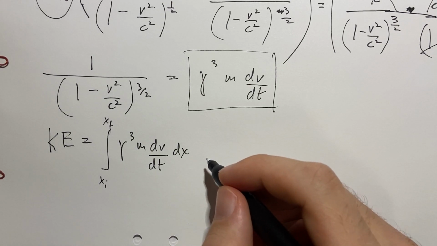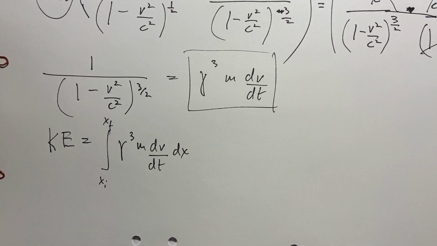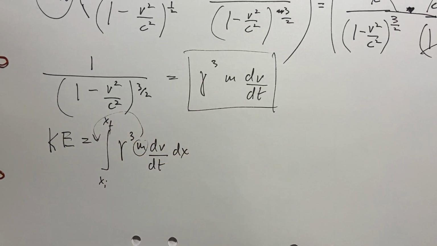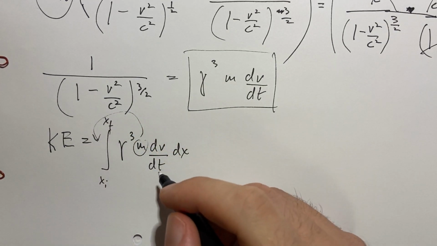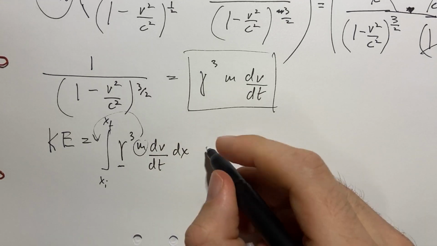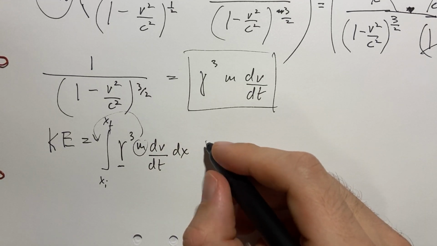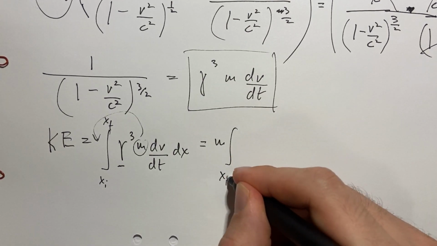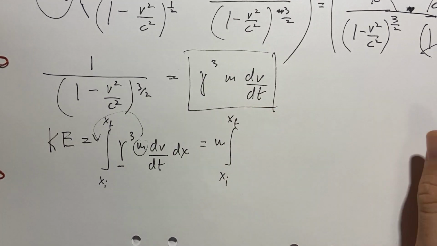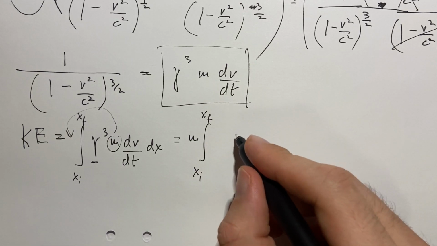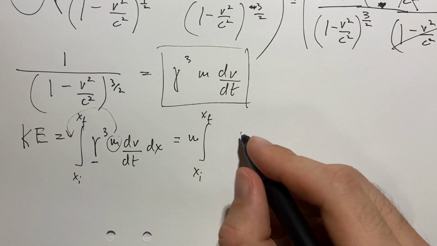And what we can do now is take the m out of the integral because it will be a constant. And then let's write out the Lorentz factor as well to see if we can integrate this somehow. m, integral from x initial to x final, and then we have the Lorentz factor.